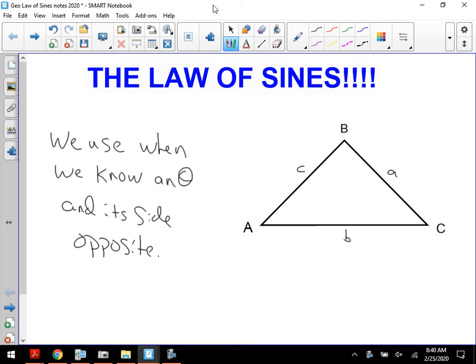So basically, when you have a triangle, we'll have 3 sides and 3 angles. Pretty easy. Okay? When we use this thing called law of sines, we will circle an angle and circle the side opposite it in order to set something up.